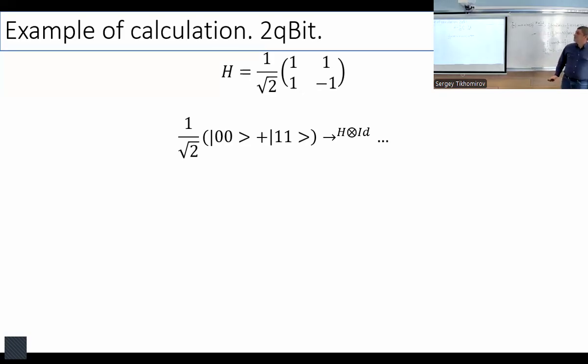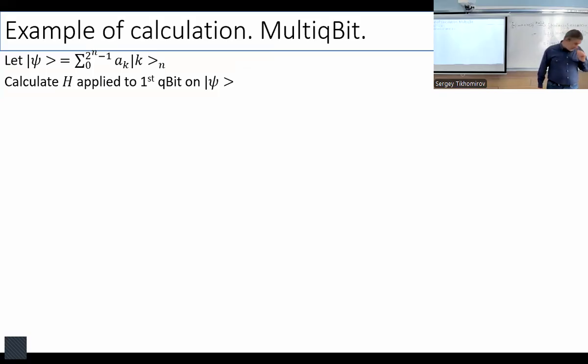So that's the story. Now I will do one more abstract calculation to show how it works for an n-qubit system. Because it is for an n-qubit system, it will not be very concrete. The main purpose is to show the application of a one-qubit gate.